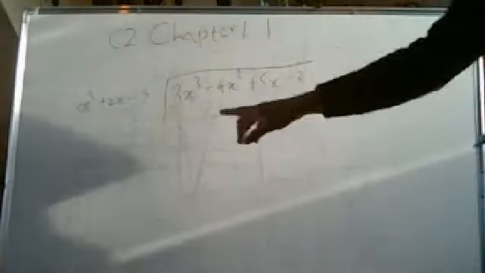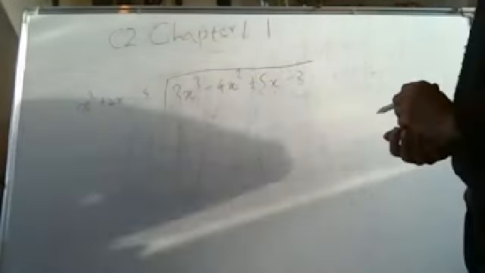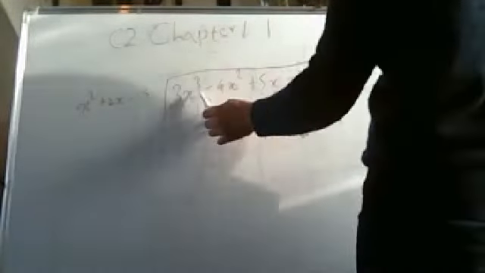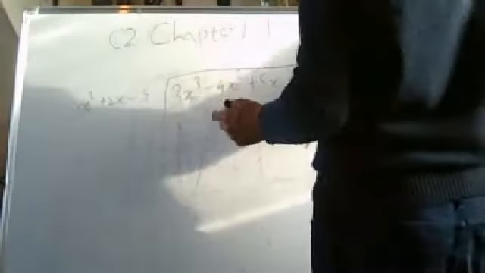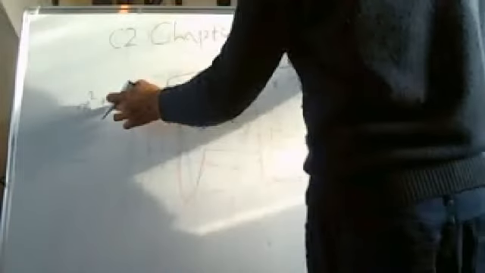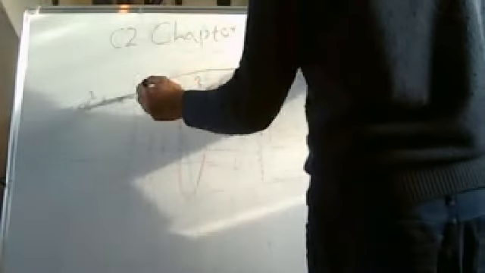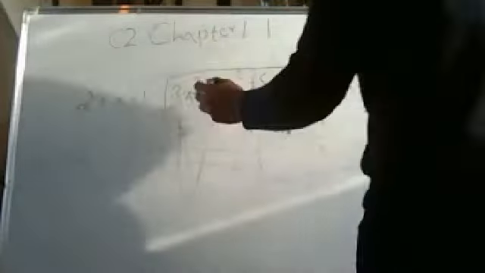So I'm dividing a cubic by a quadratic here. First of all, 3x cubed divided by x squared is 3x itself.